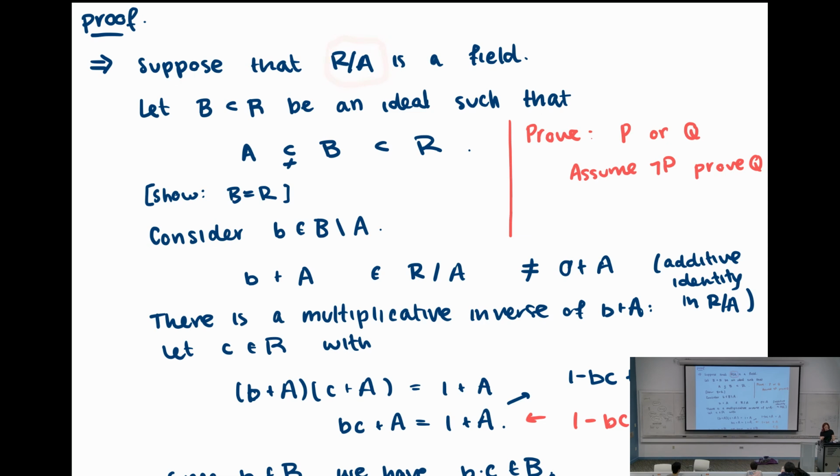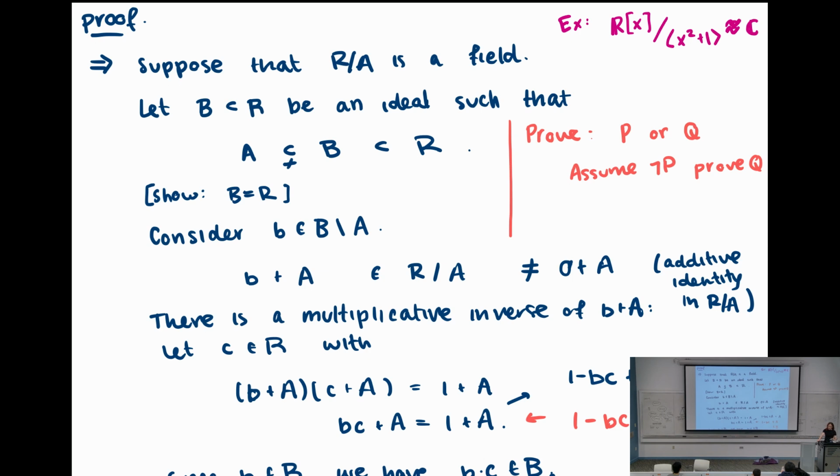Okay. As an example to keep in mind, we were looking at the complex numbers mod the ideal generated by x squared plus 1. Or sorry, this should be the real numbers. So this is the complex numbers.